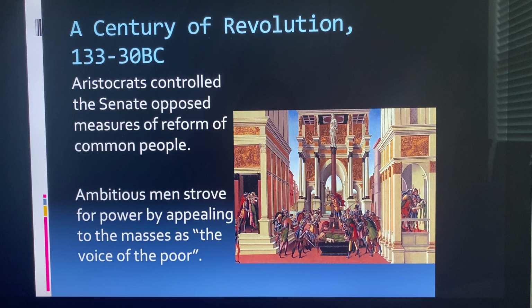So you'd have the aristocrats and then others coming in, trying to take over and saying, okay, we're going to represent the poor, when as soon as they got nominated or elected to a position, they would probably not really care one bit about the poor in many cases.